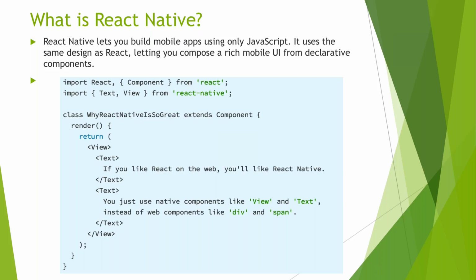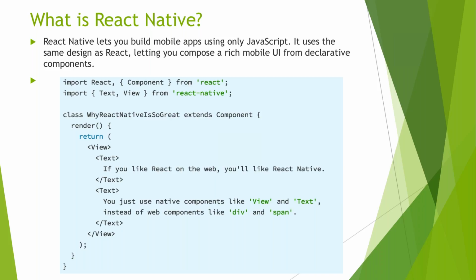If I write View, it will automatically check what a view corresponds to in iOS, and change it to a UIView. It will automatically check what a view corresponds to in Android, and change it to that.